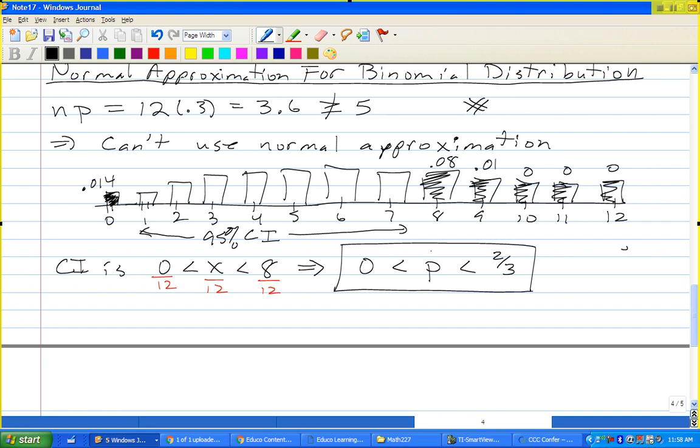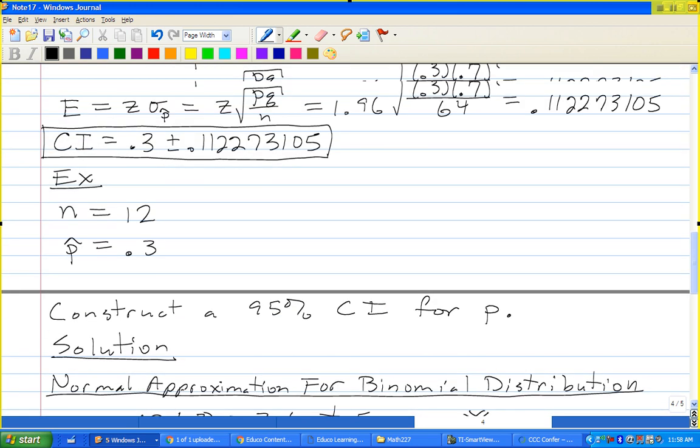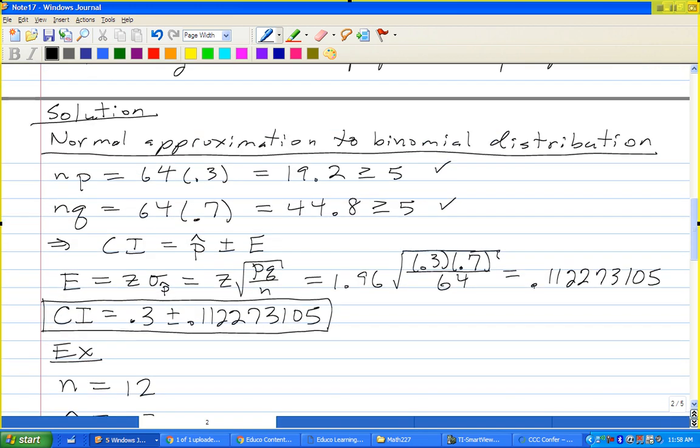So notice that if we cannot use the normal approximation, then what you'd have to do is actually go out and do it for the actual distribution. This technique was just a technique that we used because n was sufficiently large. So if n is sufficiently large, we can use some sort of technique to approximate it.